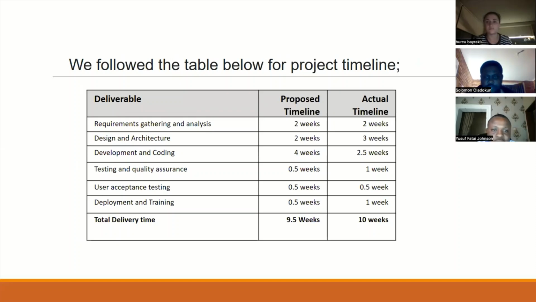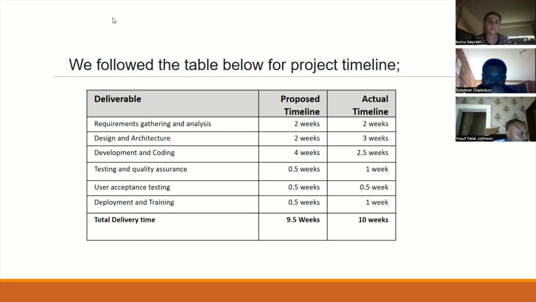I will leave this to my colleague Bruce to talk more about the project timeline. Yeah, thank you. We follow the table below for the project timeline and deliverables. Requirements gathering and analysis: proposed timeline was 2 weeks, and we did it in 2 weeks as well. Design and architecture: 2 weeks, done in 3 weeks. Development and coding: 4 weeks, and we finished in 2.5 weeks.